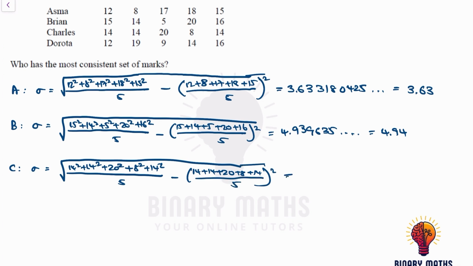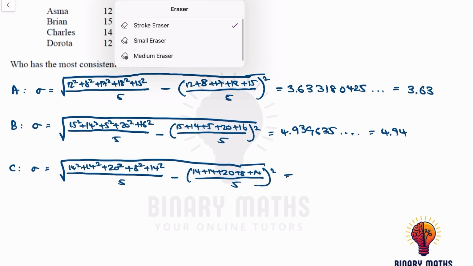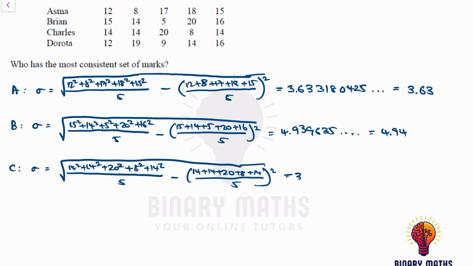I get the value 3.794733, which gives me 3.79 to 2 decimal places.